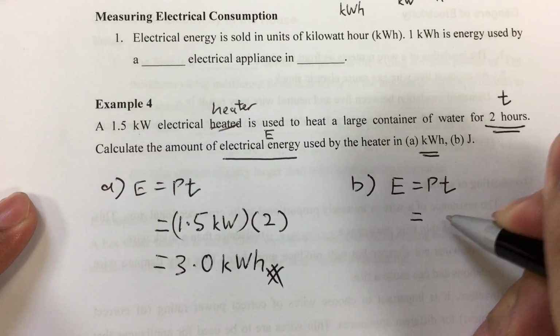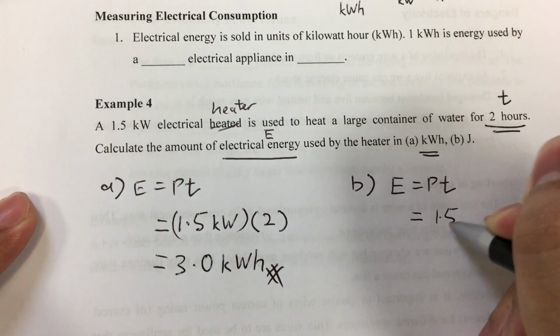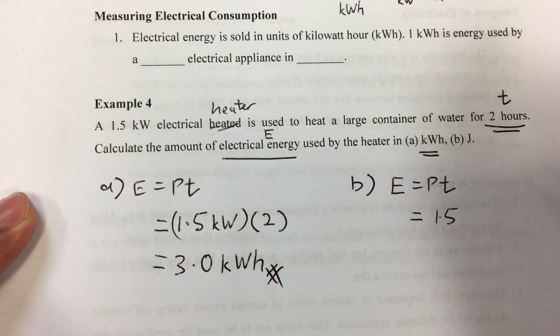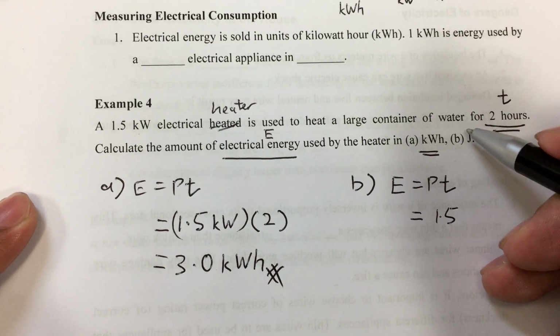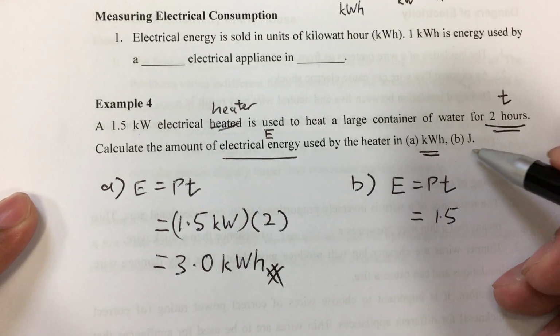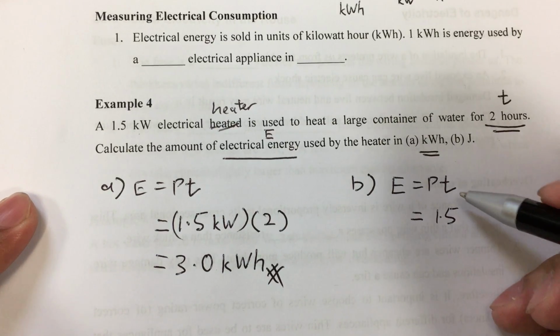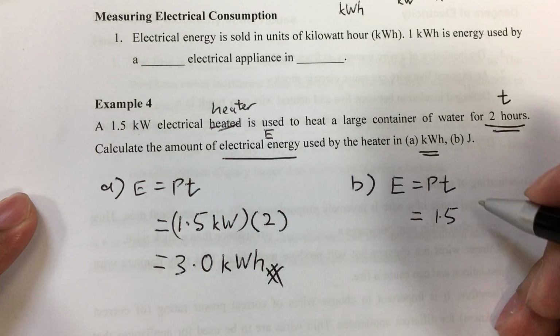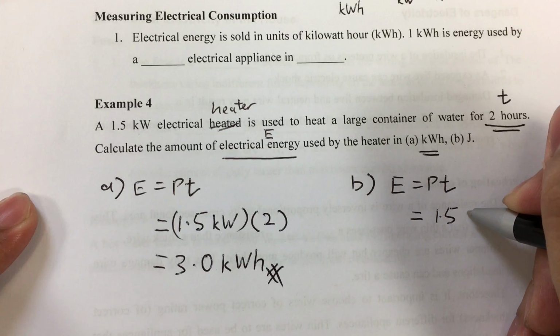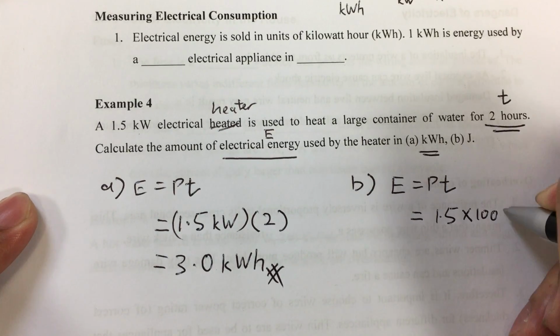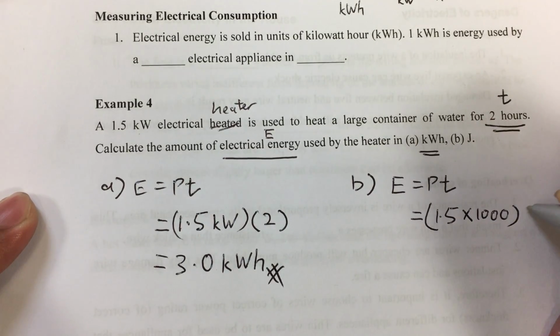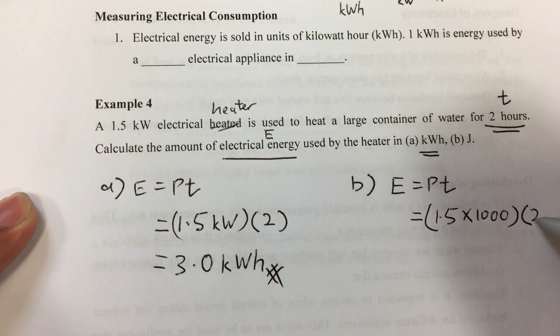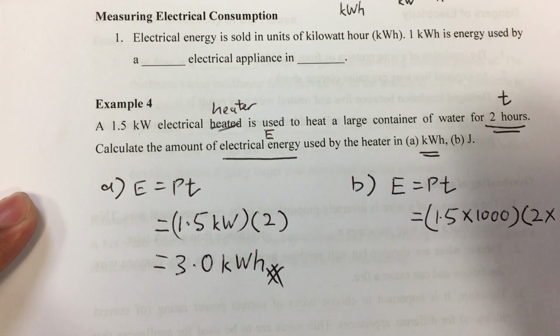So, power here is still the same, 1.5 kilowatts, but when you want the answer to be in joules, then your unit for power must be in terms of watts, which means I need to multiply by 1000 here. Time will be in seconds.